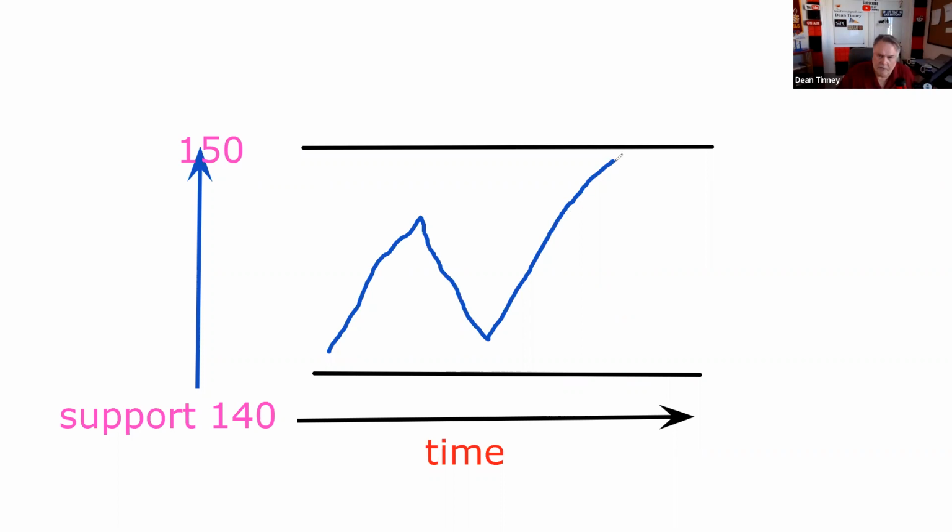If I think this is going to be the case, I only want to buy it if it breaks through that. So I would place a buy stop, test question, above the resistance line. Maybe I put my buy stop here at 153. I'm telling my broker that if Apple trades at or through 153, I'd like to go long.